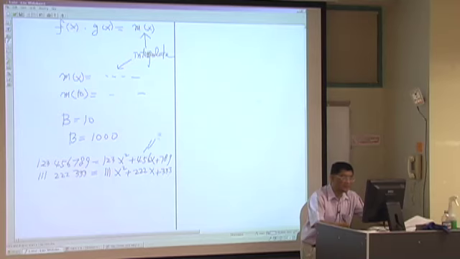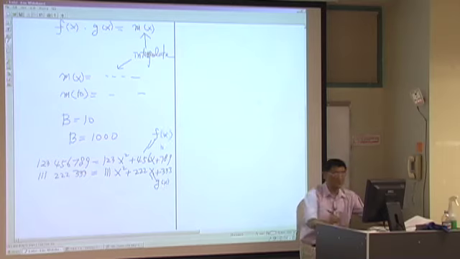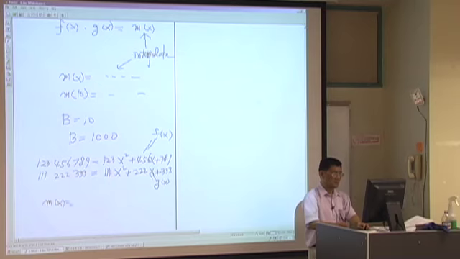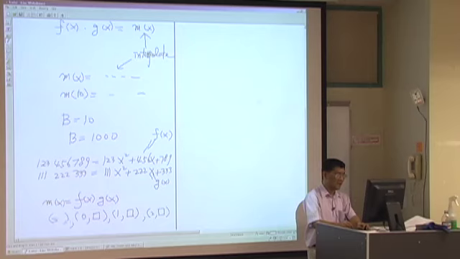Let's call this F. Let's call this G. Then M of x equals F of x multiplied by G of x. Then interpolate at 0, and then 1, and then 2, and so on, right? So we interpolate at 5 points like these.